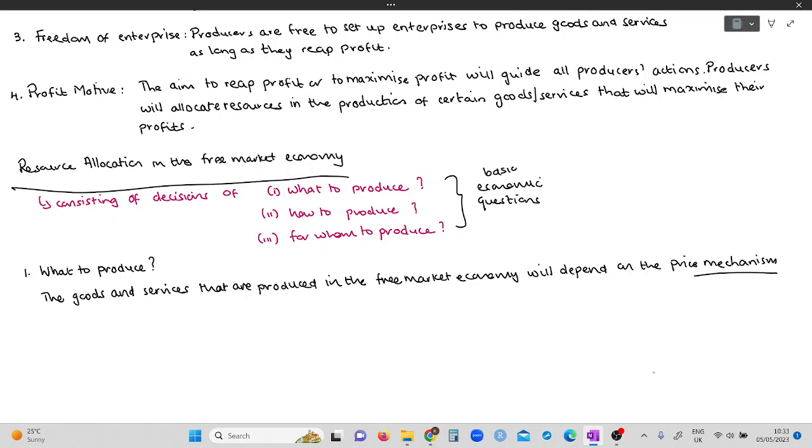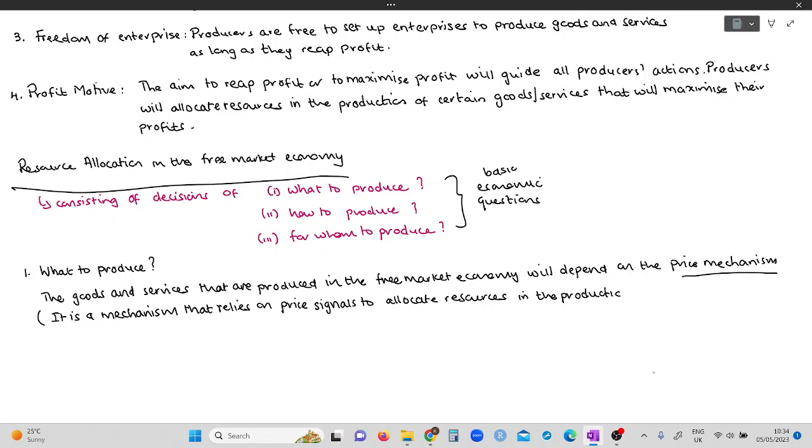Donc c'est un mécanisme, ok, ce nom même, c'est un mécanisme. Donc on met en bracket, it is a mechanism that relies on price signals to allocate resources in the production of goods and services.